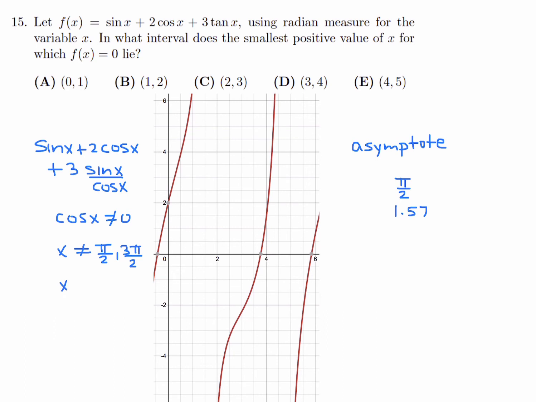And in radians, those numbers are 1.57 and 4.71 approximately. So the graph will never reach 1.57, which is approximately here. That'll be sort of like an asymptote. It approaches it but never touches it. And similarly at the bottom, it's behaving that way also.